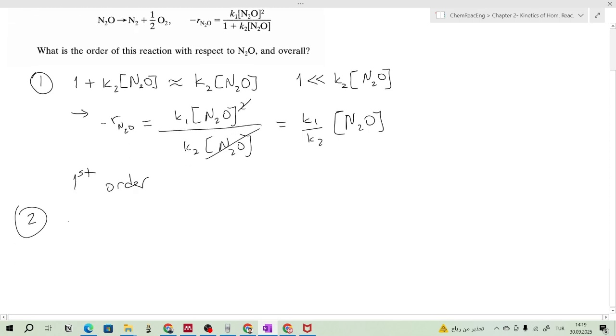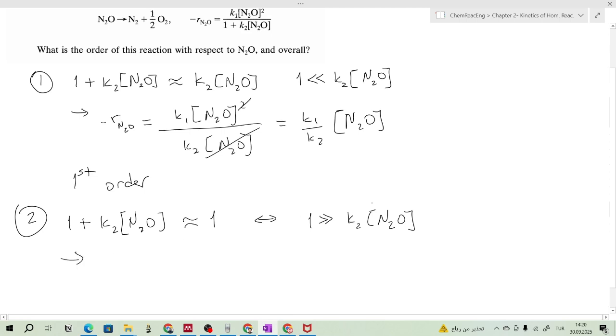And in the second regime, this term is almost equal to 1. Why? Because 1 is relatively much bigger than K2 times the concentration term.